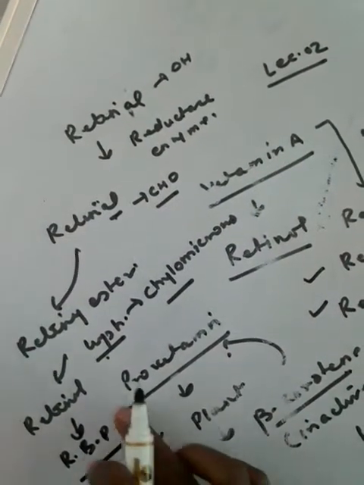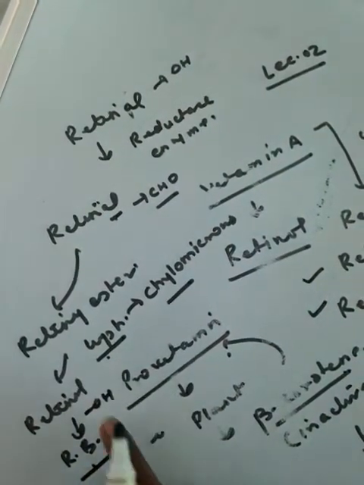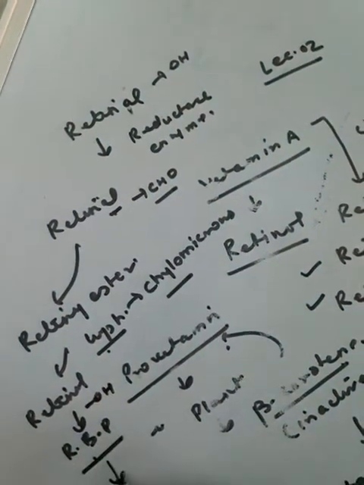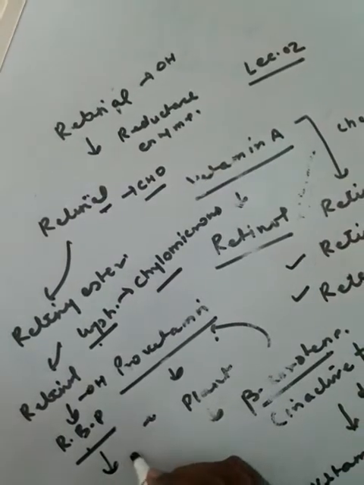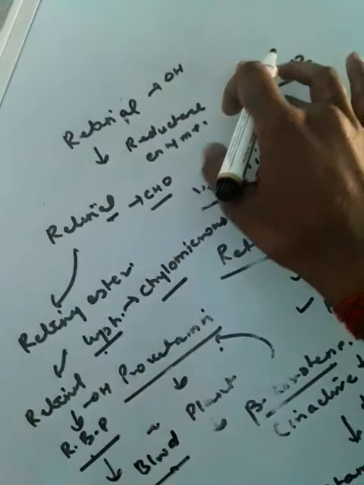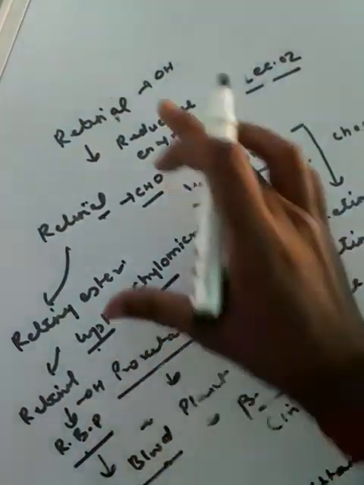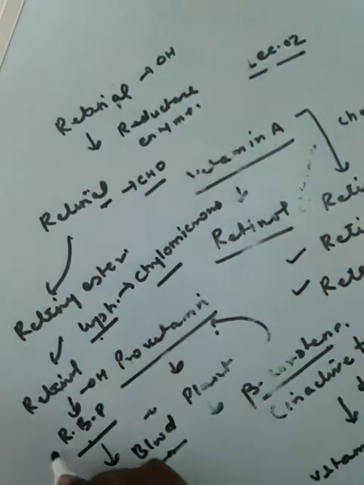It binds to the retinol, means groups attached from this OH, and it can deliver it through blood. So this is the mechanism by which retinol reaches the liver.